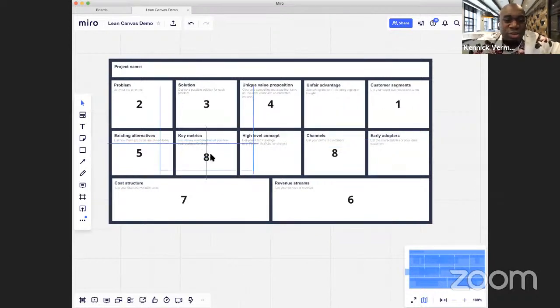From there, you want to determine what your key metrics are. Your key metrics are the things that you have to track to make sure that your business is on the right track. These key metrics directly relate to your revenue streams and your channels.